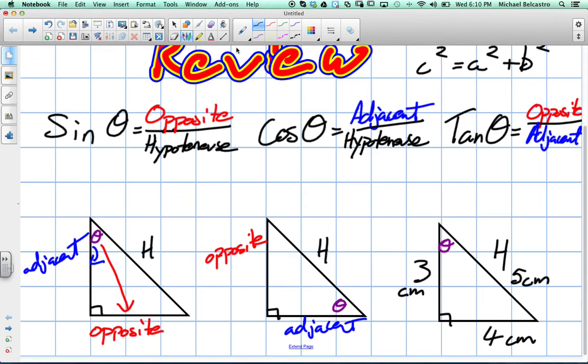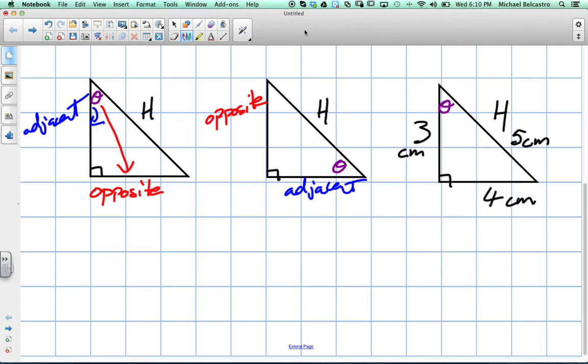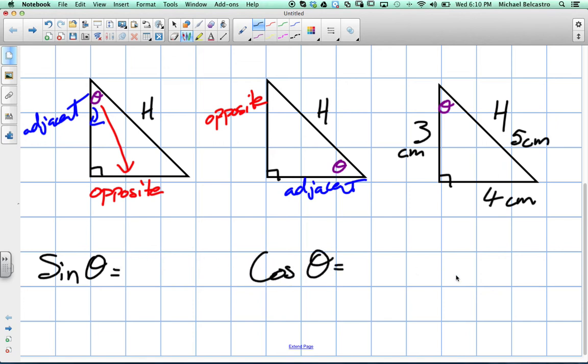But sine theta, so if I were to ask you what is sine theta equal to, you have to tell me, well, first you know it's the opposite over the hypotenuse. You've got to tell me the numbers, okay? So let's say we're talking about sine. Sine theta is equal to what? The second one we'll do is cos theta is equal to what? And then tan theta is equal to what?